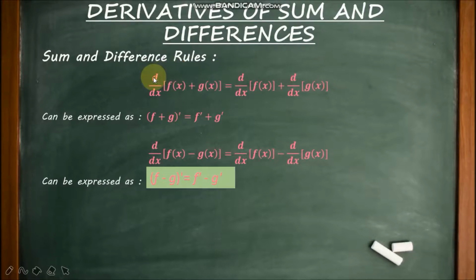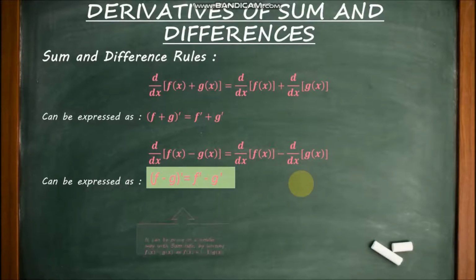This is the sum rule. It can be expressed as bracket f plus g bracket prime equal to f prime plus g prime. Next, this equation is the difference rule. It can be expressed as bracket f minus g bracket prime equal to f prime minus g prime.